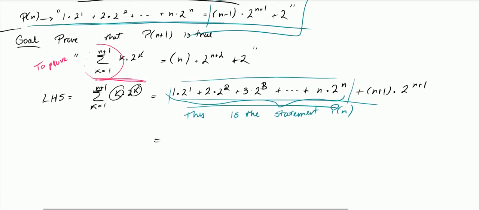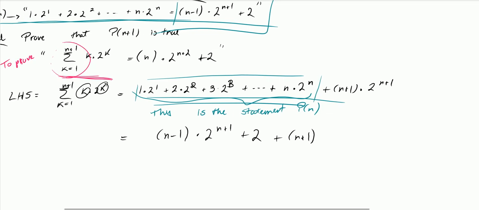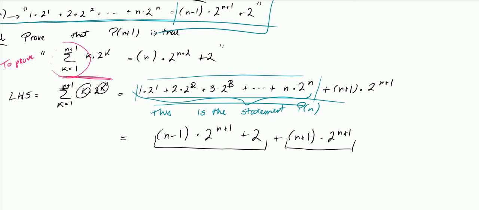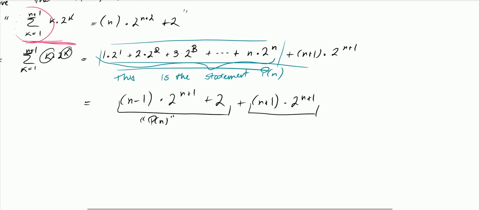So this is equal to (n minus 1) times 2 to the n+1, plus 2, plus (n+1) times 2 to the n+1. This was what I had before, and this is what I'm left with. This was actually part of P(n), and this is my inductive step.